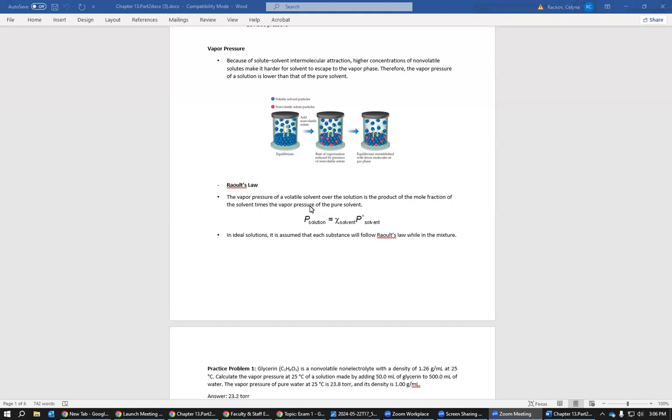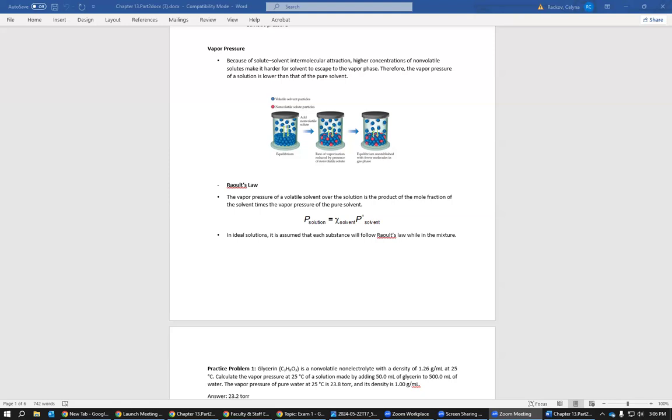So we're expecting that the pressure of the solution will be lower than the pressure of the pure solvent. In ideal solutions, it's assumed that each substance will follow Raoult's law while in the mixture.